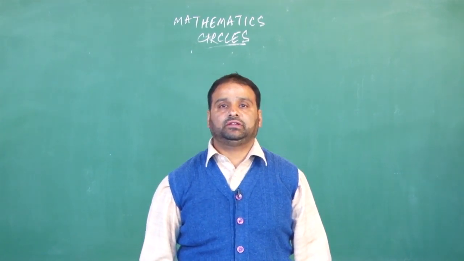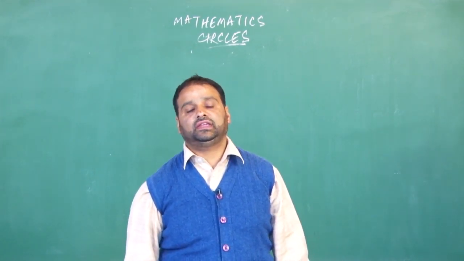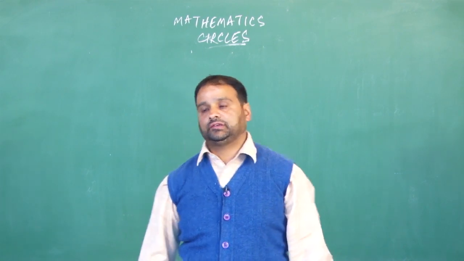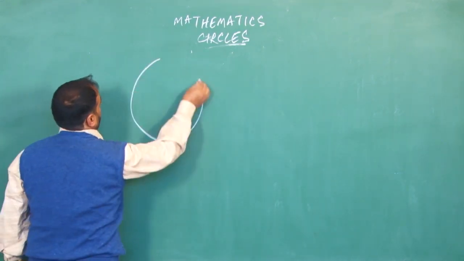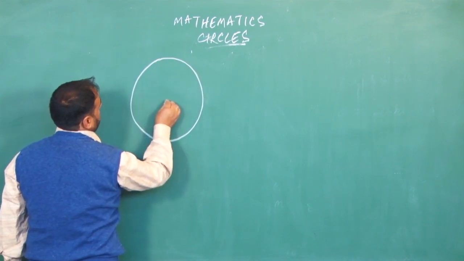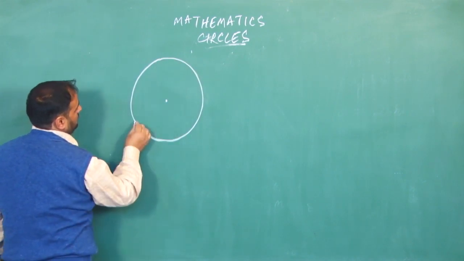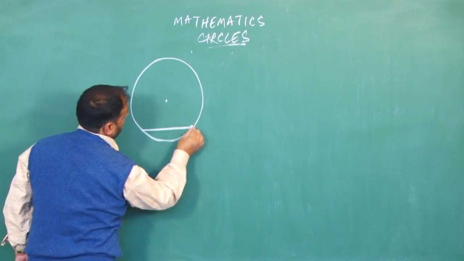Now let us take some relations between chord and the angle subtended by it. Suppose we draw a circle and a center in it, and suppose we draw a chord AB.